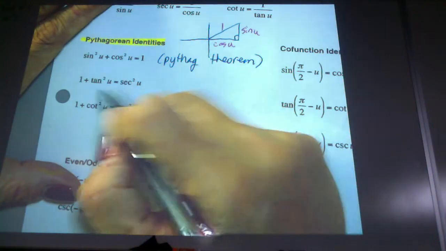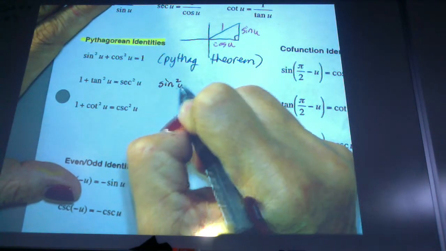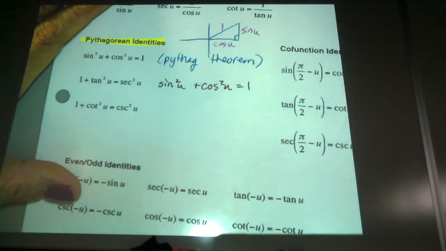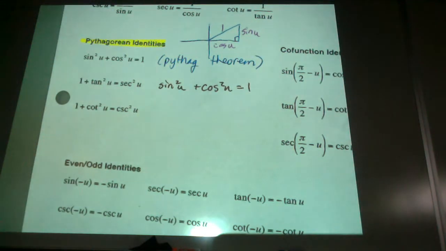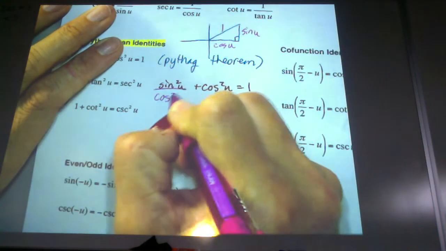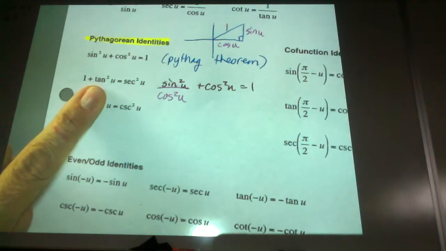So then, to get something with tangent in it, take the original and derive tangent. Tangent is what over what? Sine over cosine. The tangent is sine over cosine, right? So I want to have my sine squared with a cosine squared below it, because that would be tangent squared, and that's where that would come from.